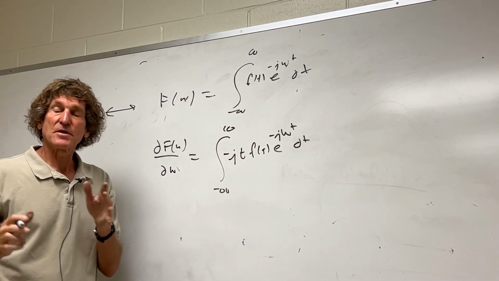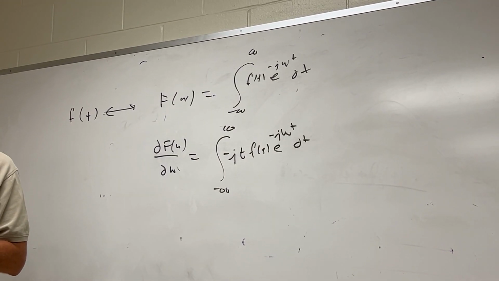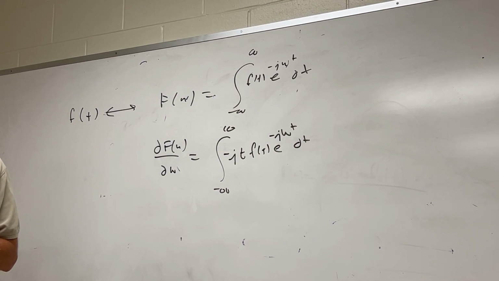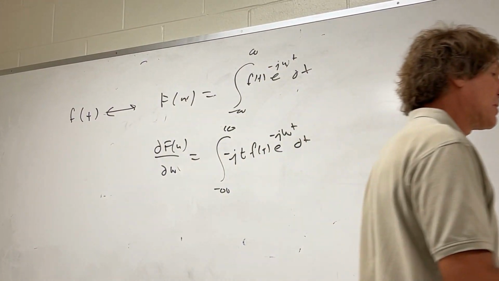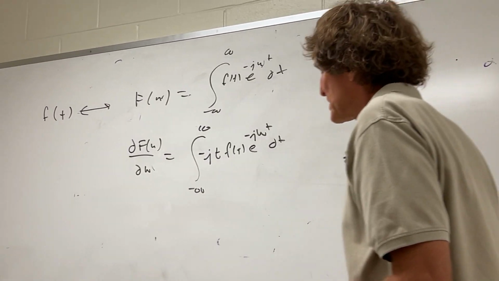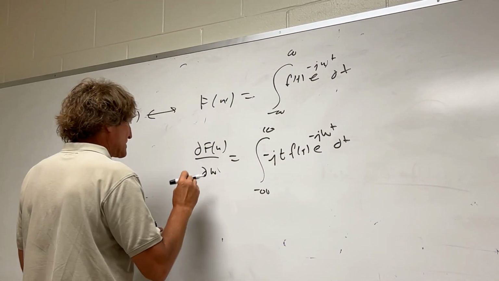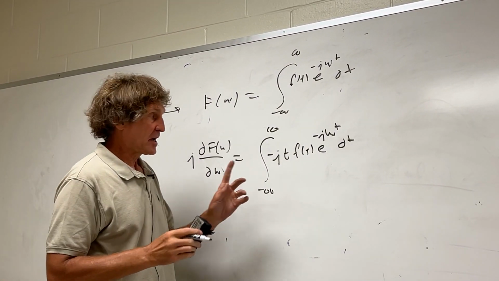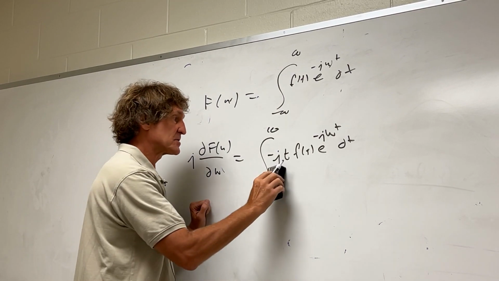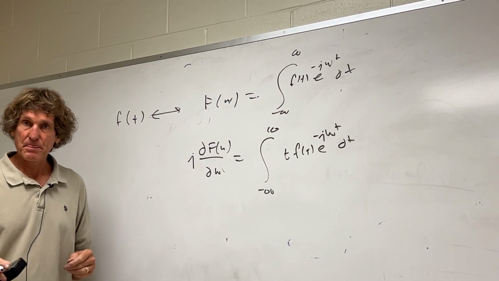Only thing I did is take a derivative with respect to omega there. Y'all with me? I'm not trying to run too fast, but now, if I multiply both sides by j, j times minus j is 1, the minus goes away, and I get this, right?